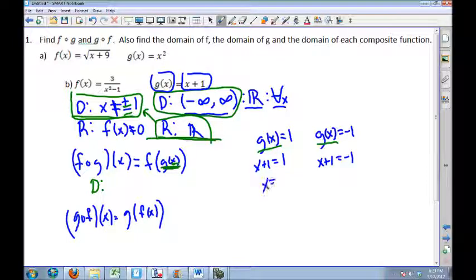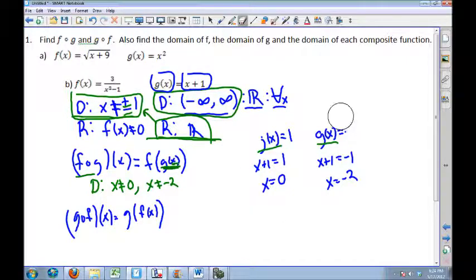Well, this happens when x equals 0 and when x equals negative 2. So my domain, or the restrictions for values of x which I can plug into my composition f of g, would be that x cannot equal 0, and x cannot equal negative 2.